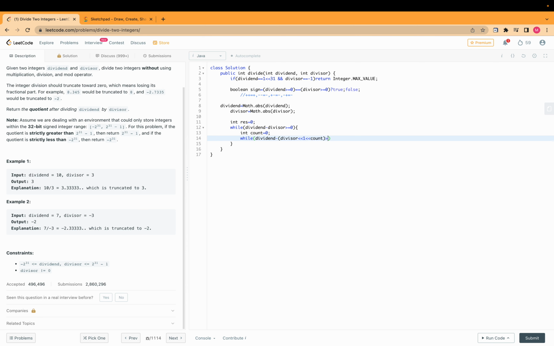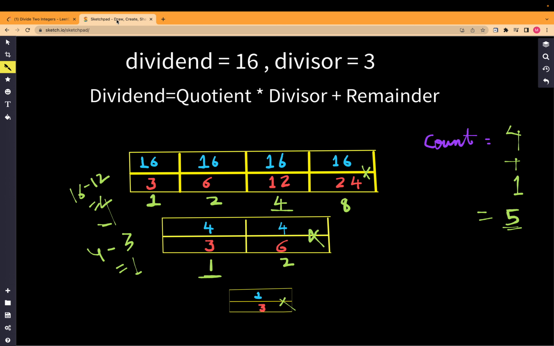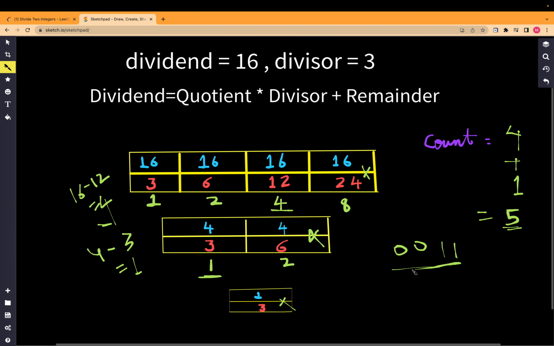Why are we doing this? What does this left shift operation mean? Left shift operation means, if our value was 3, that is 0011, and we perform one left shift operation, that is 0110. So this was 3, and here it becomes 6, and again if we perform the left shift, it will become 1100.